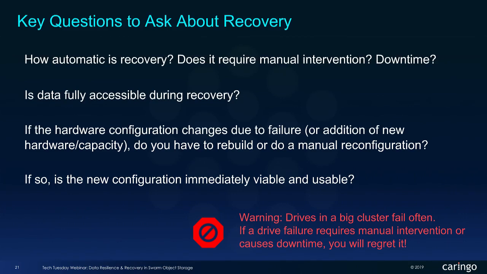If you're in a 2-reps world, we use a thing called replicate on write. It's not going to return a success to the client until both replicas have been successfully written into your cluster. Same thing for erasure coding. That object is stored and protected before we tell you that it was a successful write.